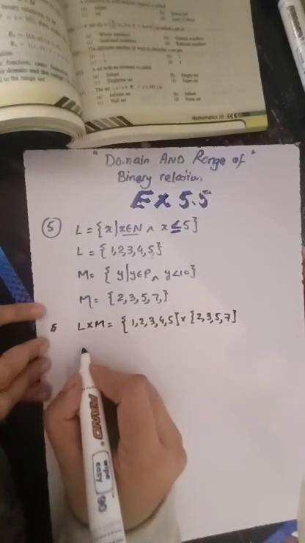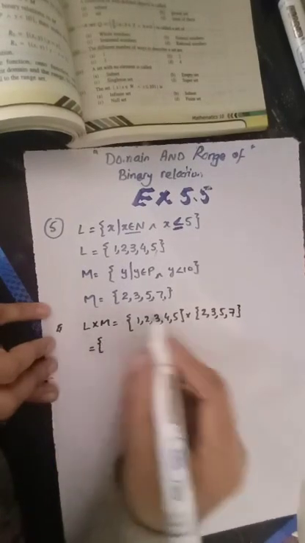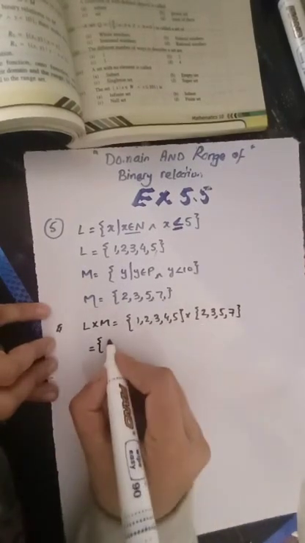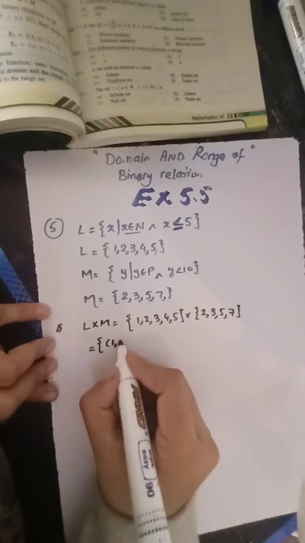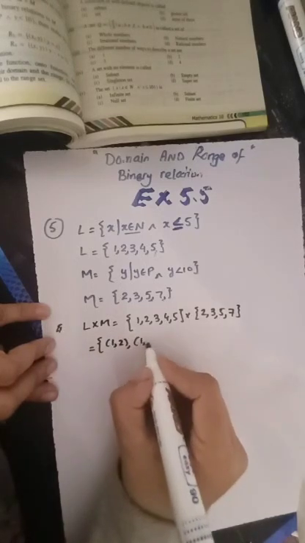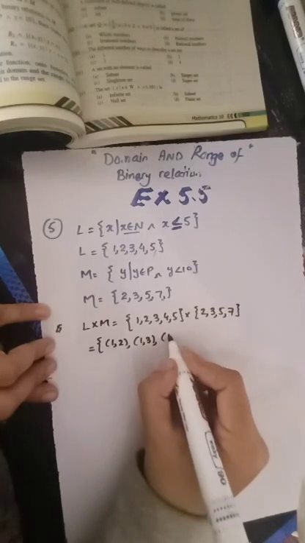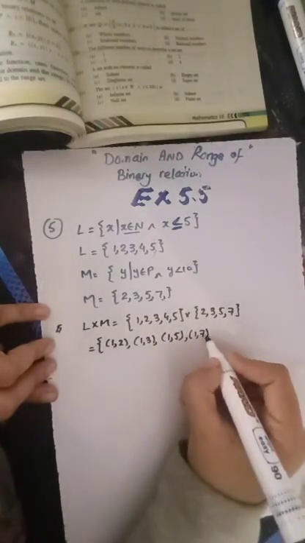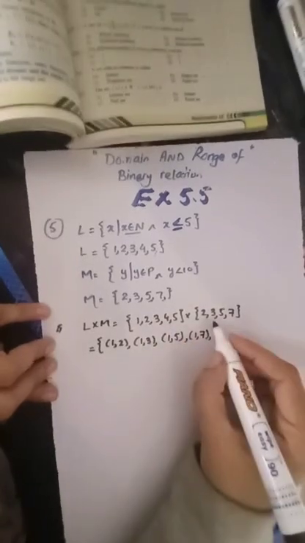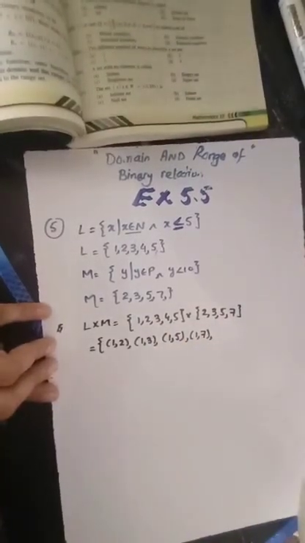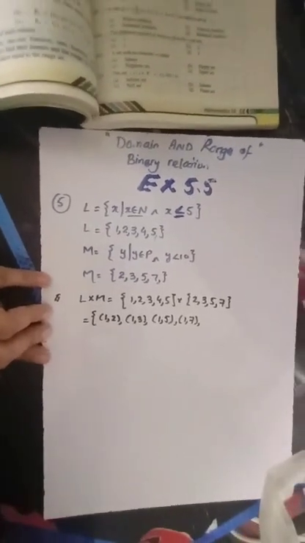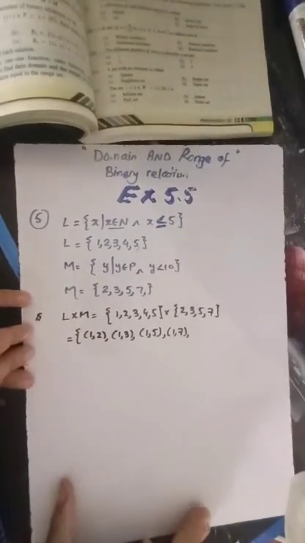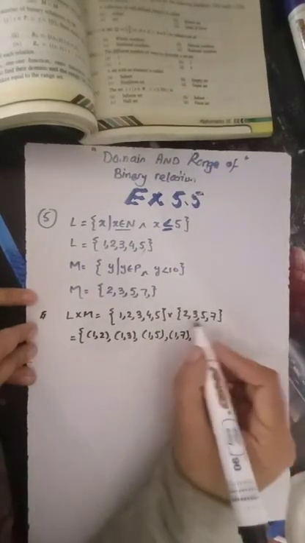In order to find L cross M, I am going to make all possible ordered pairs from L to M. For 1, it will include 1, 2, 1, 3, 1, 5, 1, 7. Again, I'm going to take 2 and then make all its possible ordered pairs with these elements.